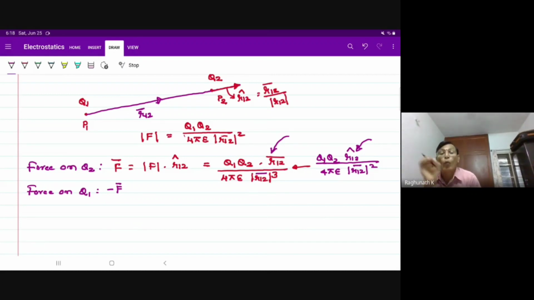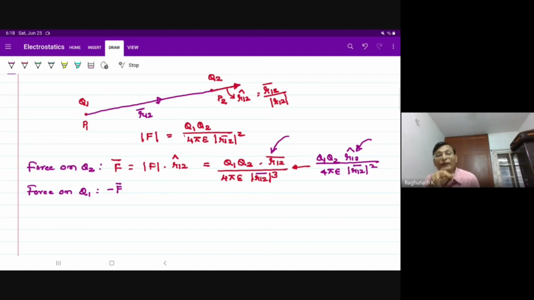This formula works irrespective of the polarities of the charges. If Q1 and Q2 are indeed positive charges, definitely the force experienced by Q2 is repulsive force.